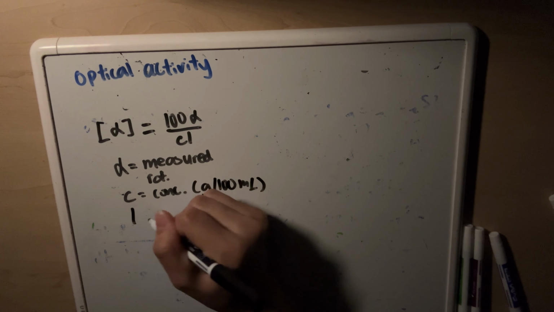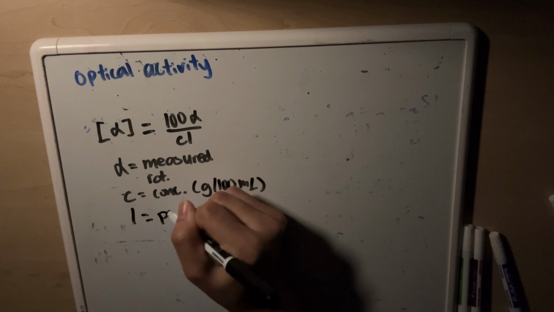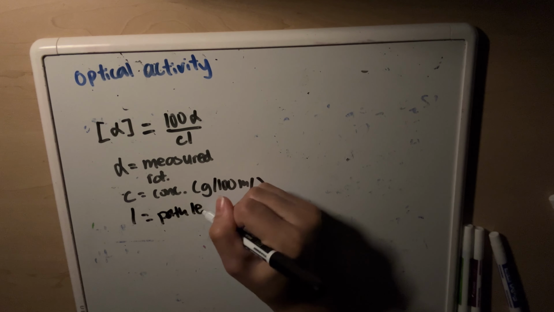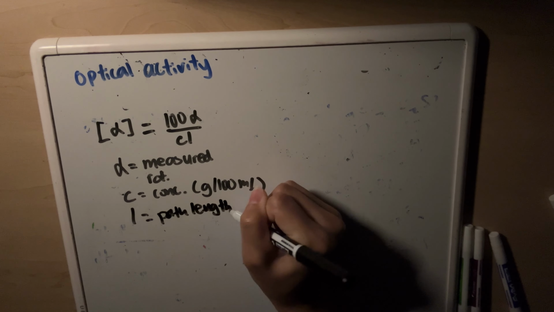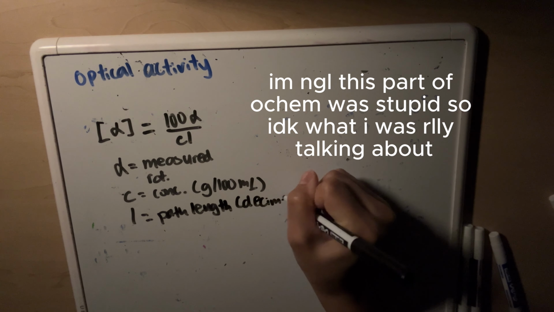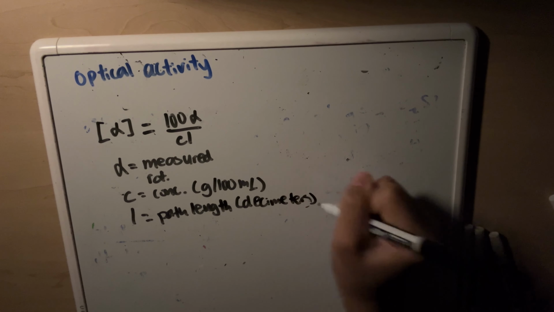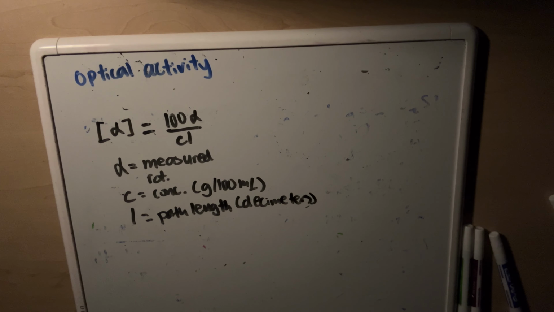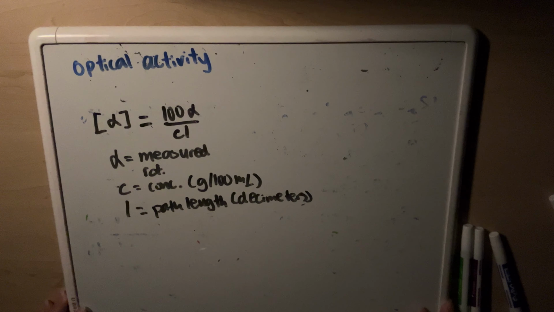And L is just the path length in decimeters. I don't think this is very important unless you take a higher ochem class, but this is just if you want to know the specific rotation formula.